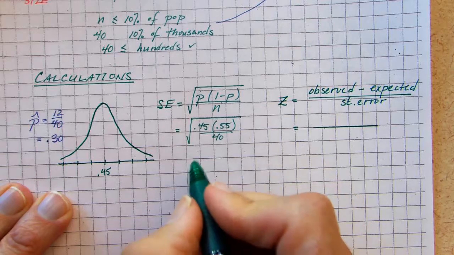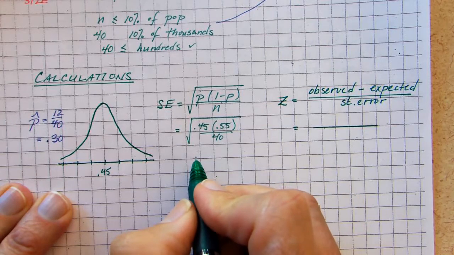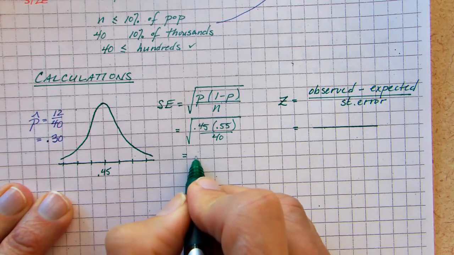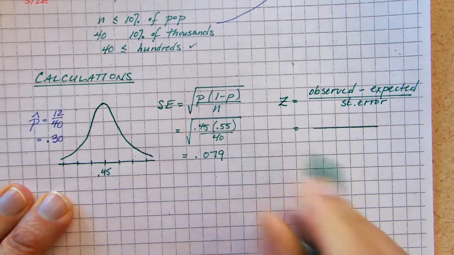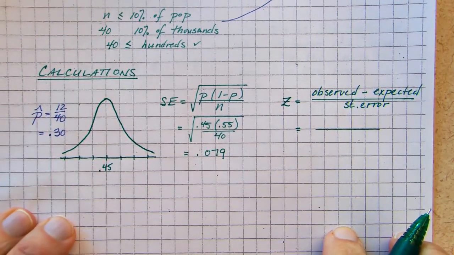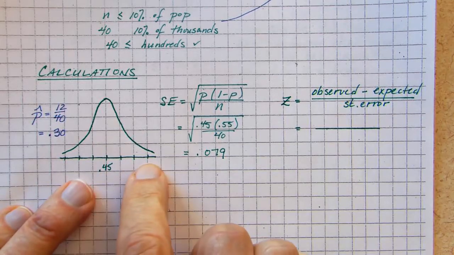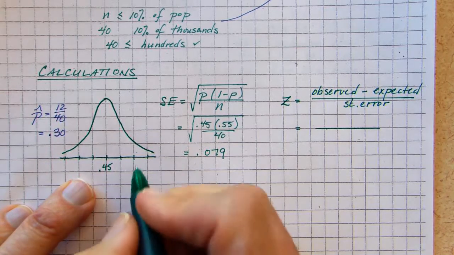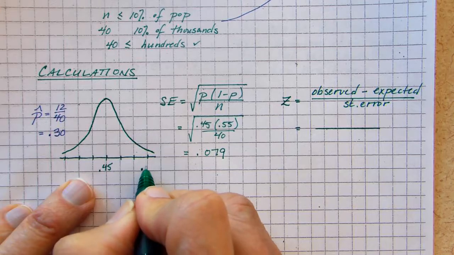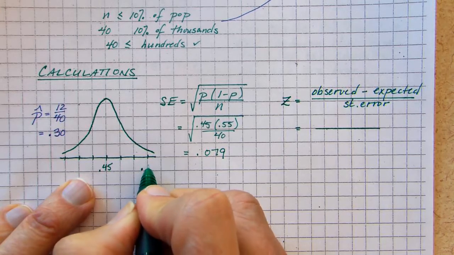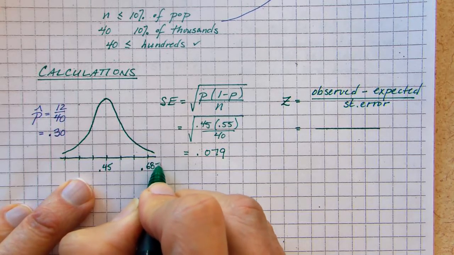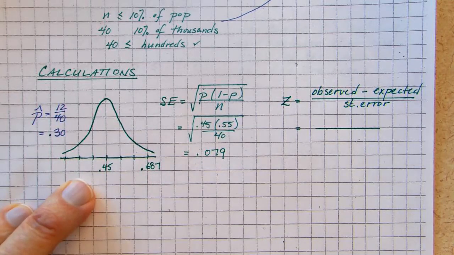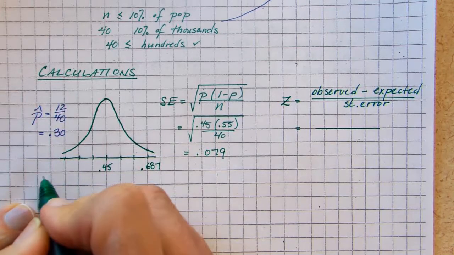I'm getting about 0.079 for the standard error, if I round it. I want to take 3 standard errors to the right. 0.079 times 3 is about 0.237. That gives about 0.687 at the high end, and 0.45 minus 0.237 is about 0.213.